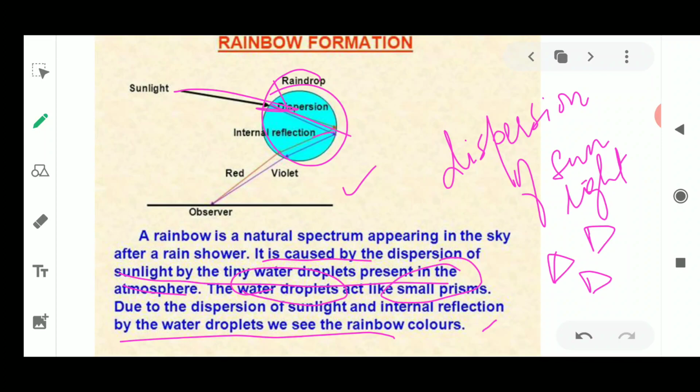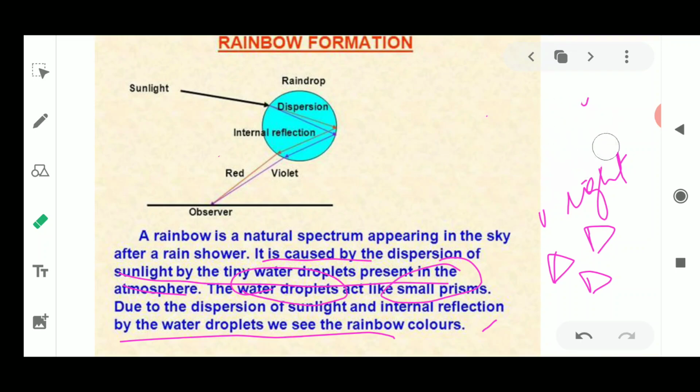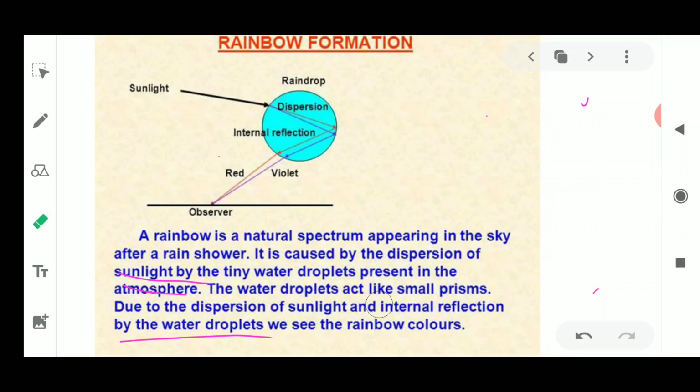As it reaches the last boundary, it reflects back. This reflection taking place inside the water droplet is known as internal reflection. The water droplet acts like a prism, and the second boundary of the droplet helps in the reflection of light. Because of the internally reflected ray, after reflection it comes out from the water droplet.